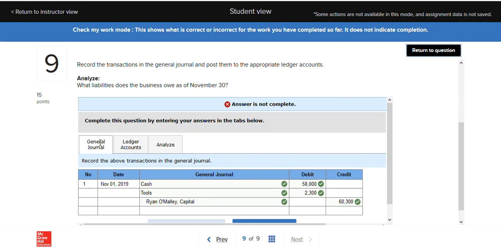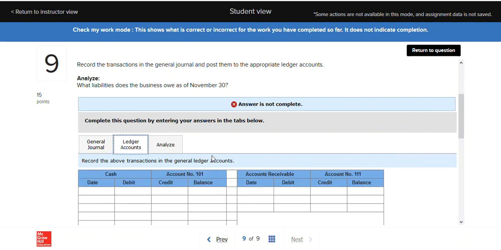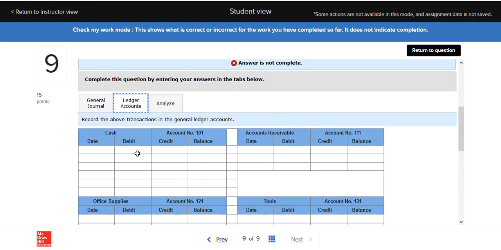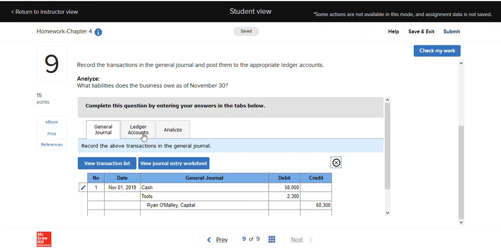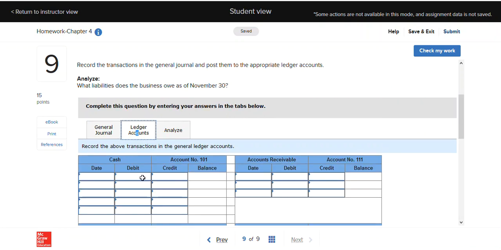Once you finish the 4 journal entries, the next thing you're going to do is post those journal entries to the ledger. I would start at the top and work my way down. So cash, we have a debit of $58,000. I'm going to go to the ledger accounts. I have a debit of $58,000.